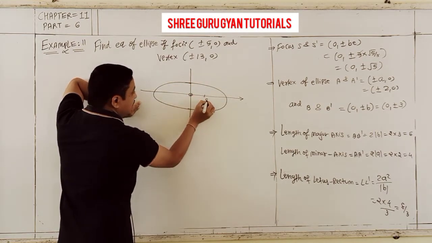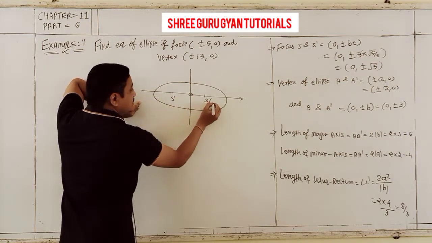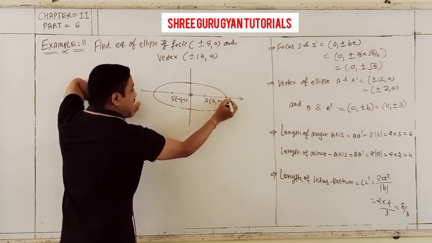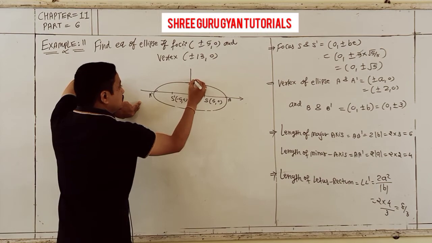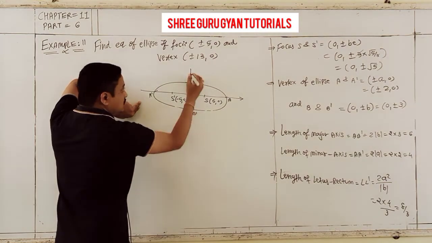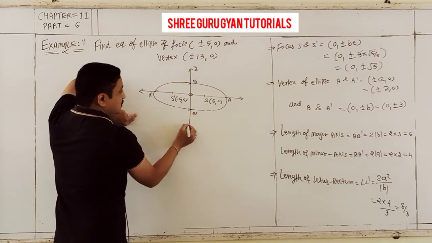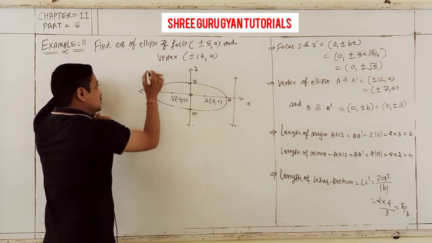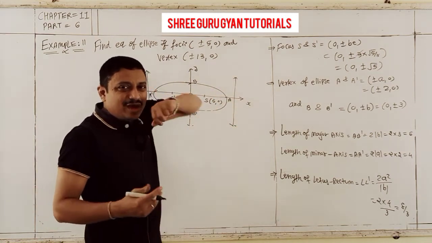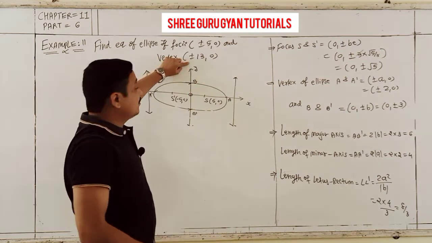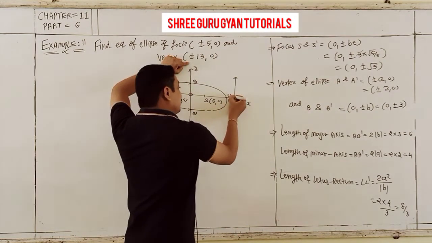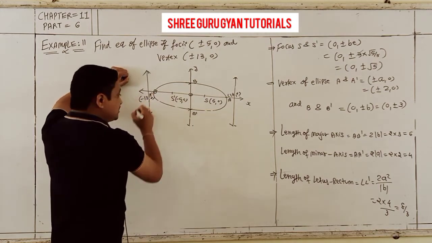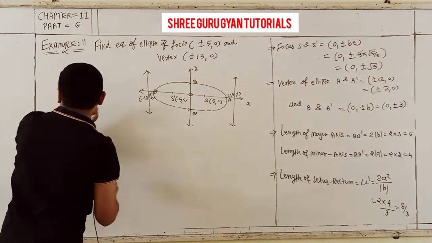Here your foci S dash, S, plus or minus 5 0, means 5 here and minus 5 here, that's A dash, B dash, and that's the y-axis. Here the x-axis, and these two are our directrix. Very easy. Vertex given 13 0 means this is 13, the other is minus 13. A vertex, A dash. So very easy.